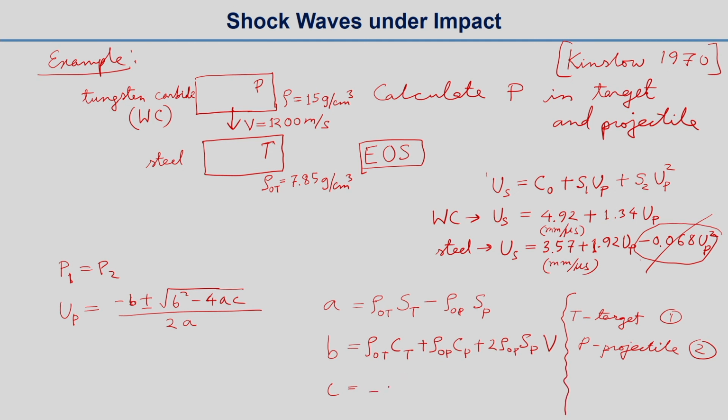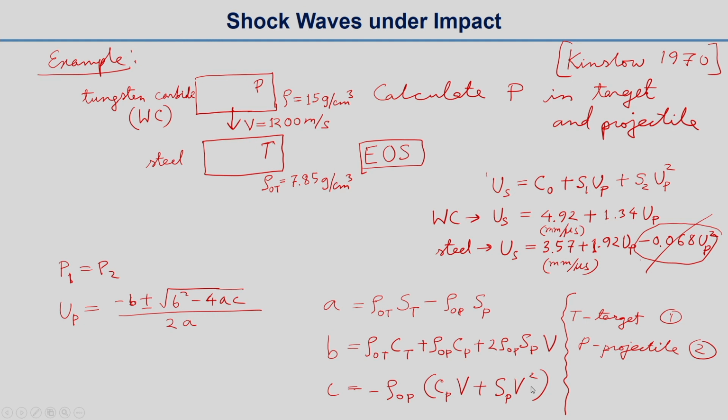And then C will be equal to minus rho naught P, P for projectile, C this shock parameter for the projectile material, multiplied by V, the impact velocity, then rho naught P V square. Sorry, this will be S1 SP V square.